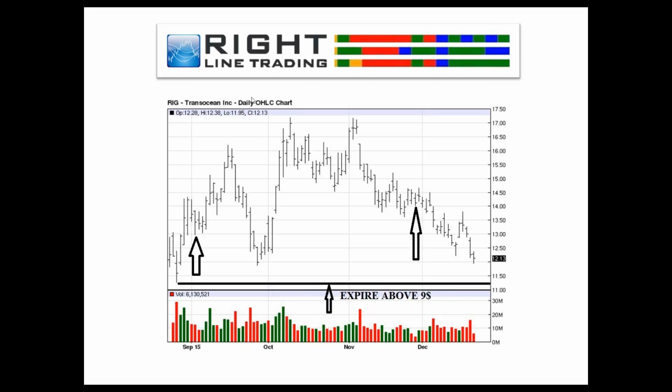So even if you're running in the negative at any time here, if the stock stays above 9 on options expiration, it's going to close, and you're going to receive 100% of your net credit. I like having time on my side, and I like the fact that on options expiration, I never have to purchase it back. It just expires worthless, and we're done with it.